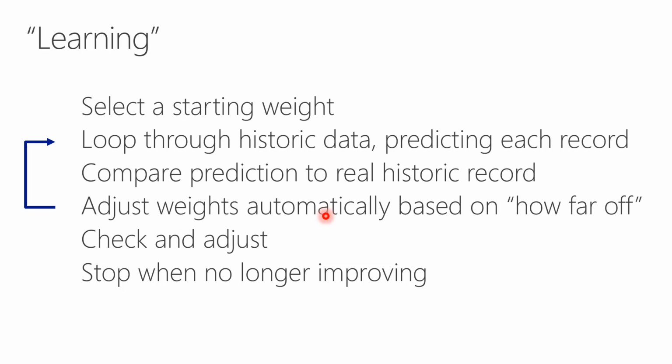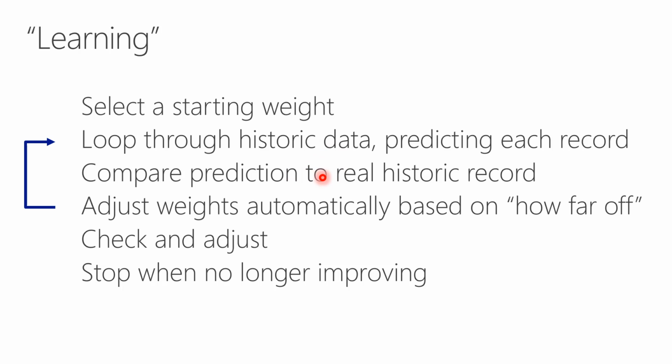Now, how the automatic weight adjustment takes place really depends on the learning algorithm involved and what kind of other parameters you use. So we're going to automatically adjust our weights, and then we'll once again check the prediction. We'll adjust our weights and loop through all of our data again. So all of our millions of records again.